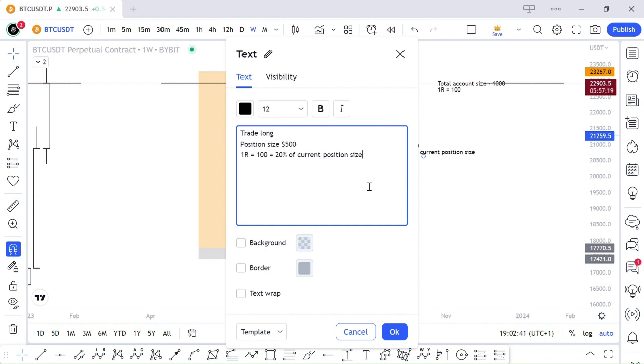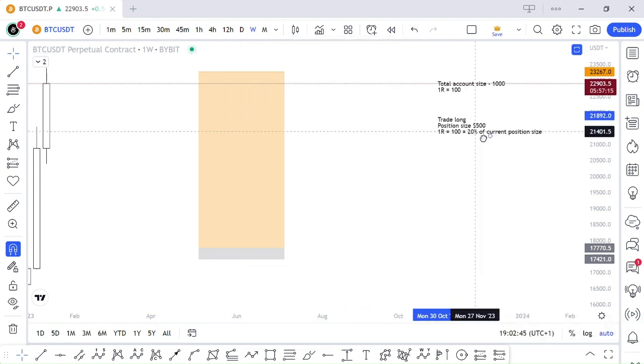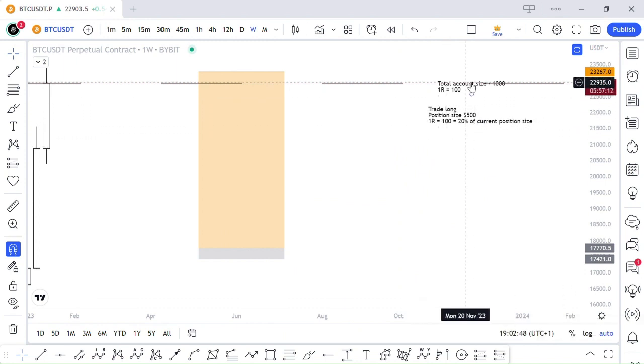All right. Now I hope you guys understand what this means. Our total account size is $1,000, but our position for this particular trade is $500. Our 1 hour stays the same at $100, but the percentage changes, which is 20% of $500.